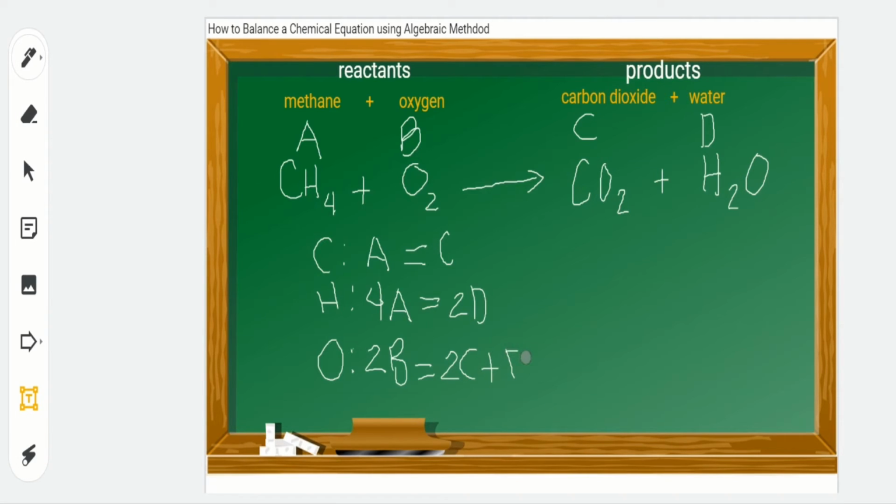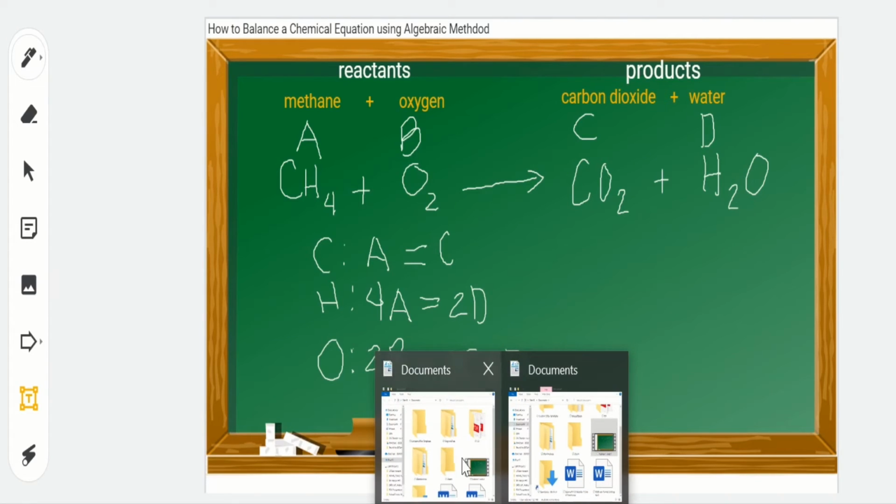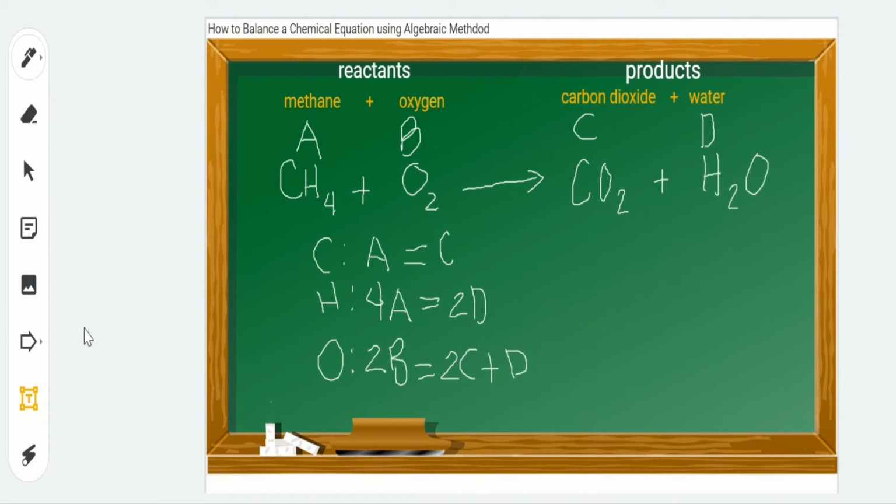So, meron na tayong mga equations ngayon that we can use so that we can find the values of the other letters. And those values, yun yung ating magiging coefficient.